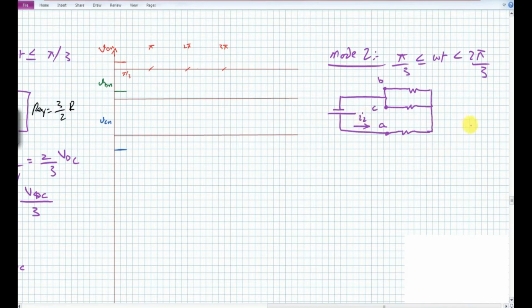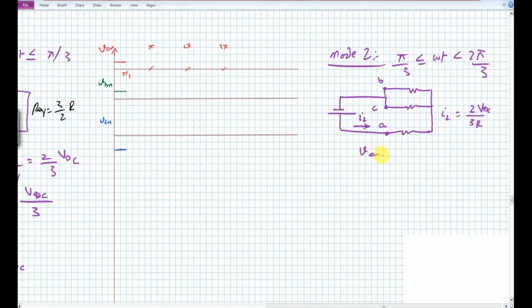On similar grounds, because the resistance is essentially the same, the value of this I2 is now equal to 2 by 3 VDC over R, the same exact expression.